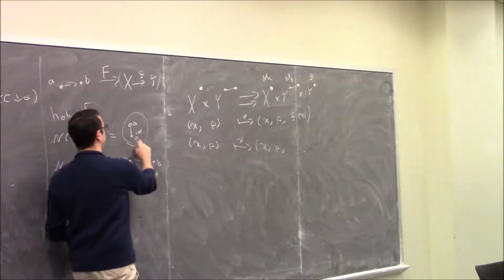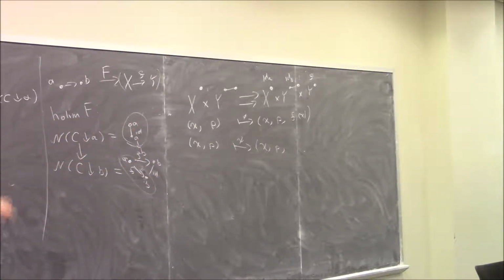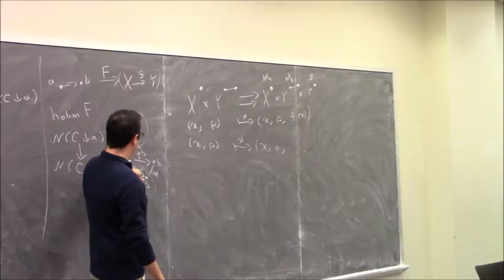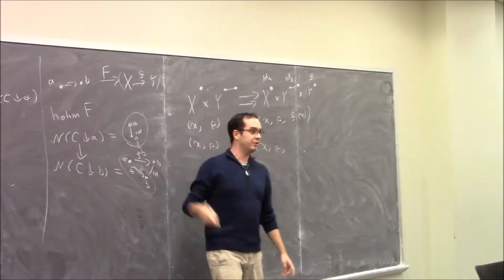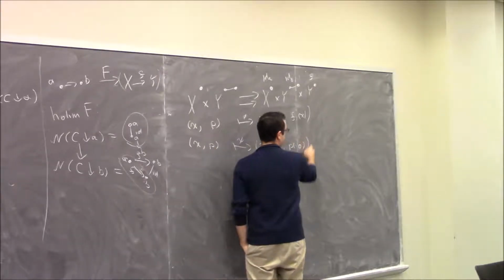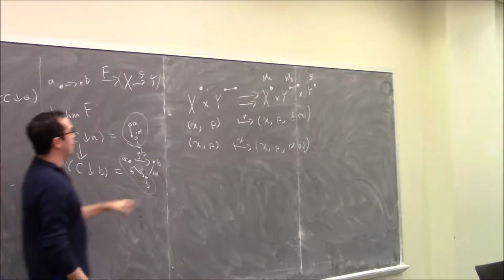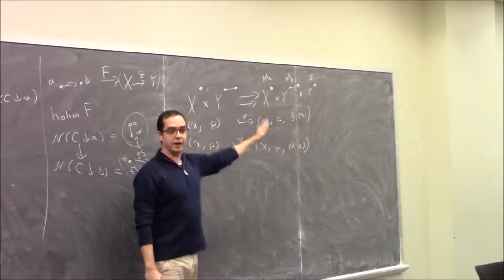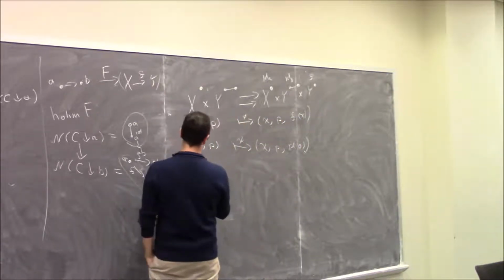I'm just going to take that composition there. So I map to the beginning of my interval here, and so we're taking our path and just evaluating it at 0. And if I'm taking the equalizer, I want these two things to be the same.